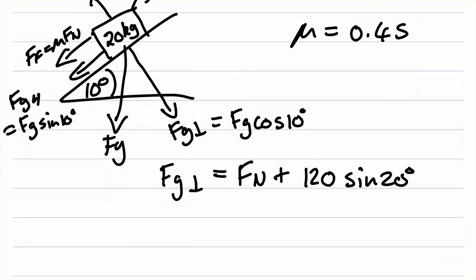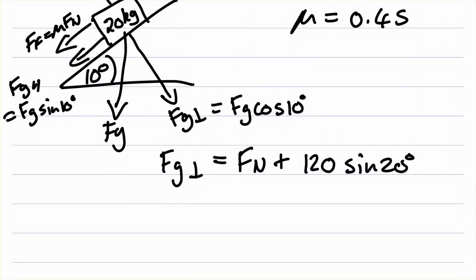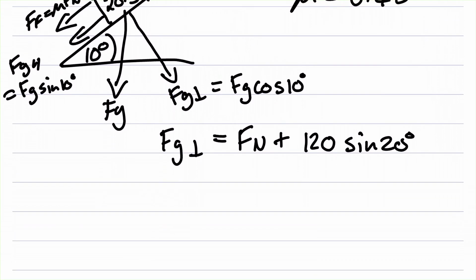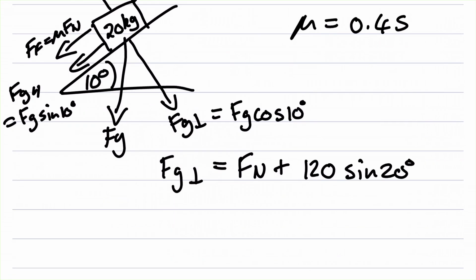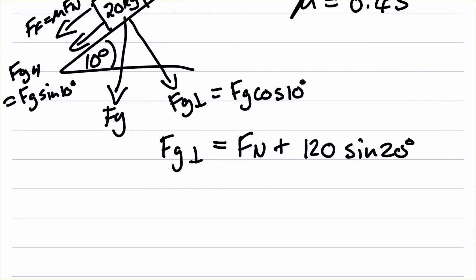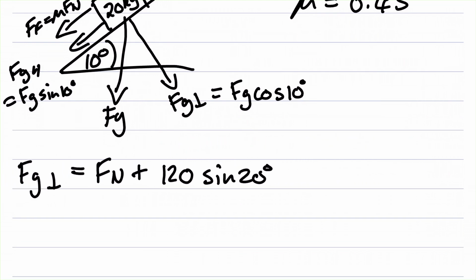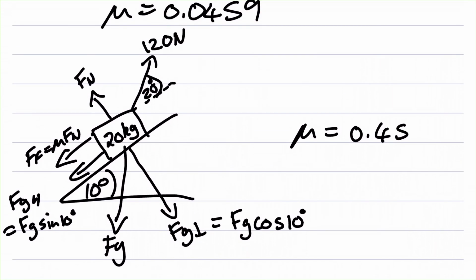Before anything else, we need to look at what is now in the slope direction. Okay, we have 120 that's pushing forward. It says find whether the force is large enough to create motion, so the force we're talking about is the force up the slope.